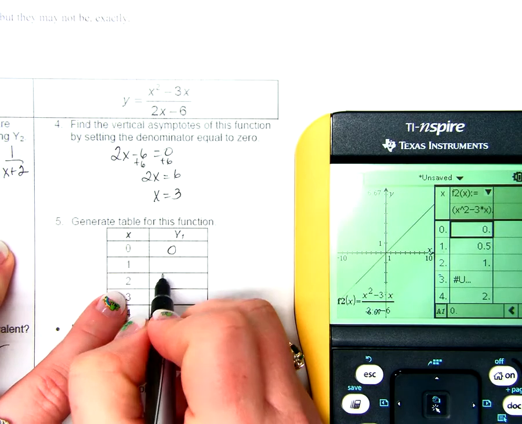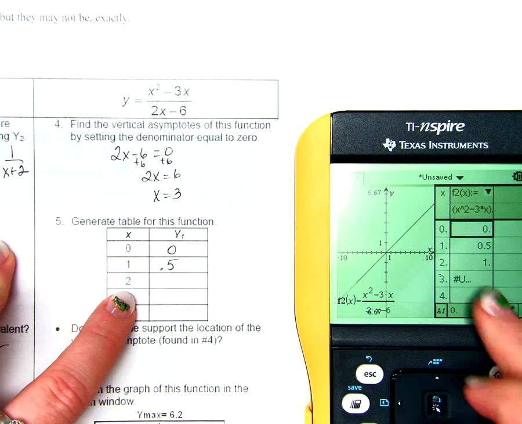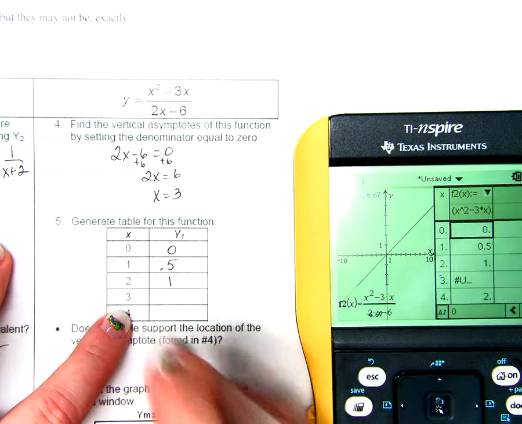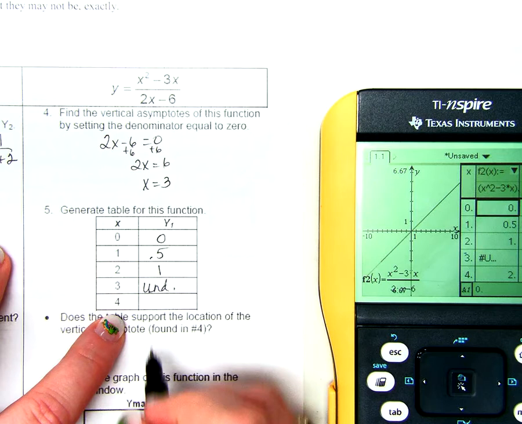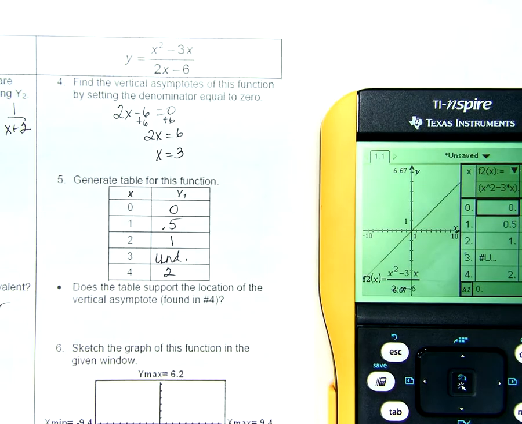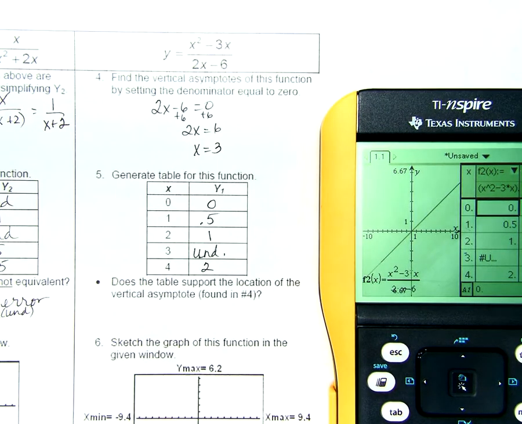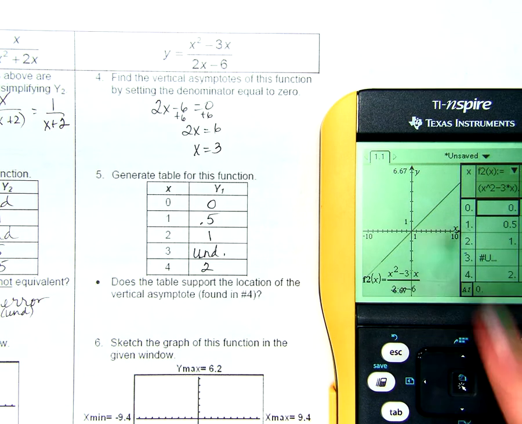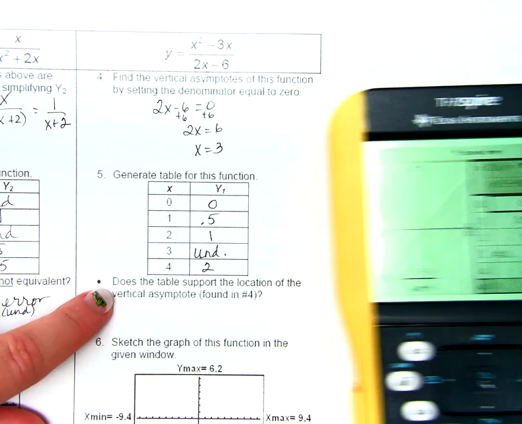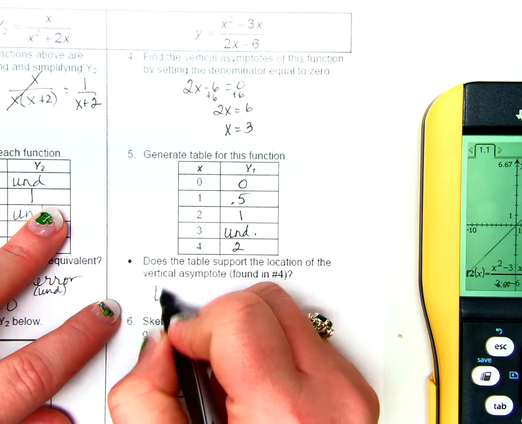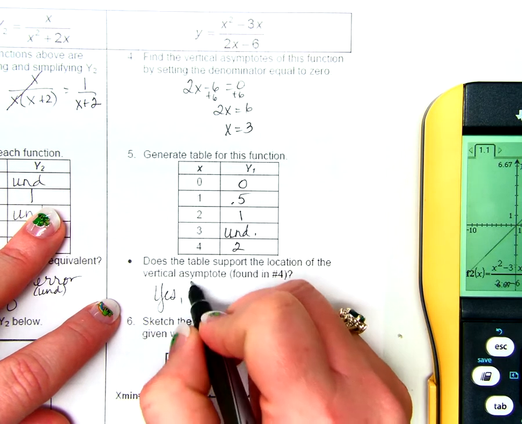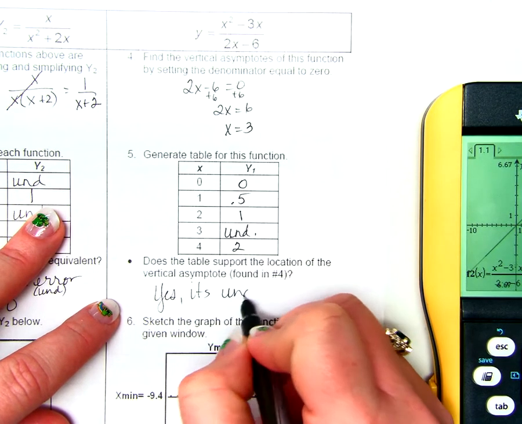If x is at 1, I have 0.5. If x is at 2, I have a 1. When x is 3, I have an undefined. And when x is 4, I have 2. So it seems like from this table I should have an asymptote at 3. But we already know what the graph looks like. First of all, does the table support the location of the asymptote? Yes, it does, because it's undefined.